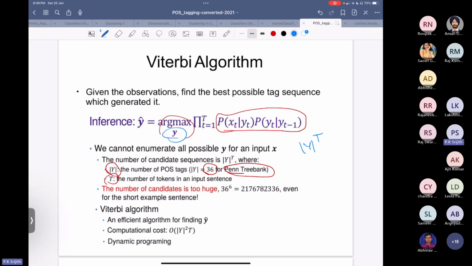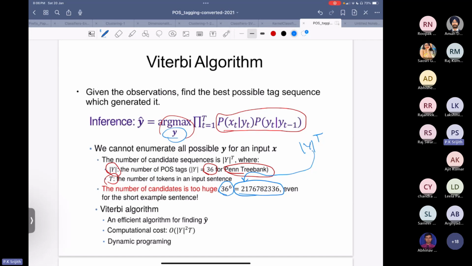And now if you consider a sentence of length 6, a sentence containing 6 words, this is going to be something like 36 raised to 6, which is very, very large.